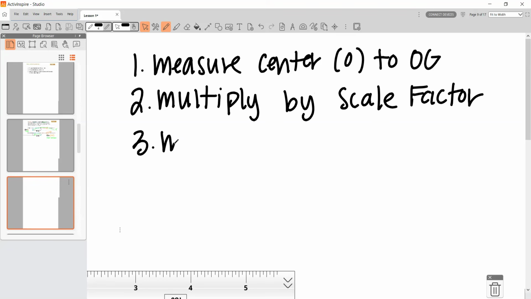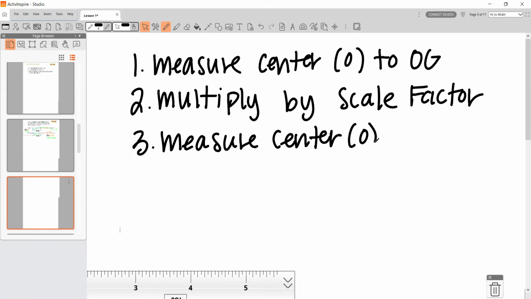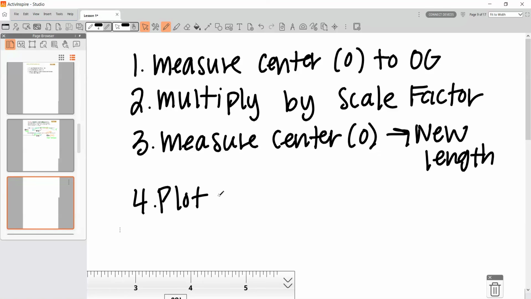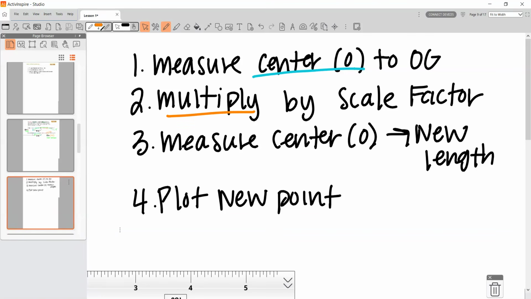Then you measure again from the center at 0 to the new length that you found, and then plot your point. You can label that with a prime. So make sure your center is always the 0, then measure to your original, multiply by the scale factor, which will give you your new length, and then measure from the center out that new length and plot your point.